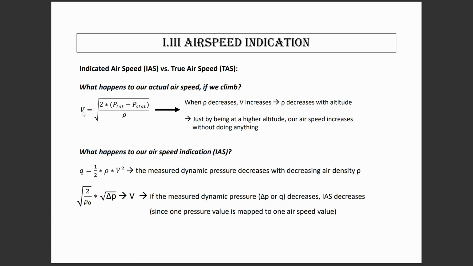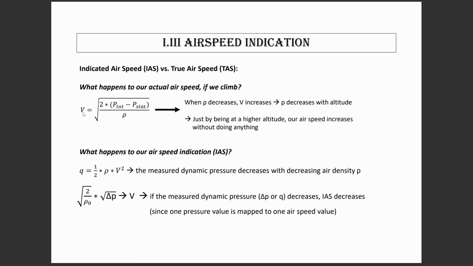Now, what happens if we fly at constant speed? For example, we actually fly at constant speed, but what happens to our indication? Same principle here. If we actively fly at the same actual speed or true airspeed at a lower altitude and a high altitude, our airspeed indicator, indicated airspeed, as we go higher, will show a lower value.